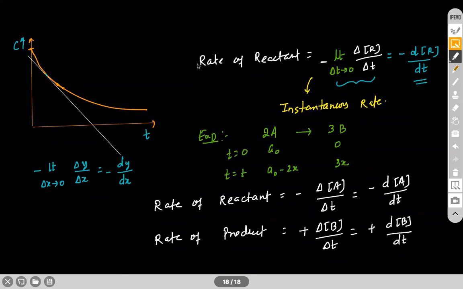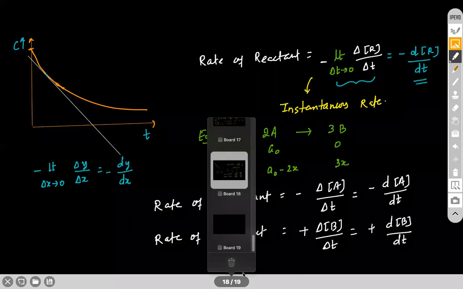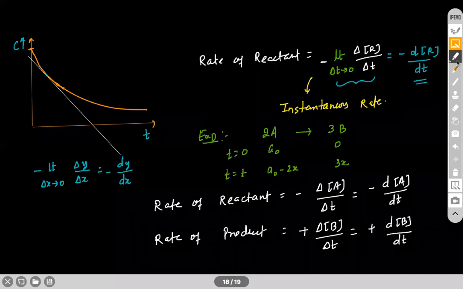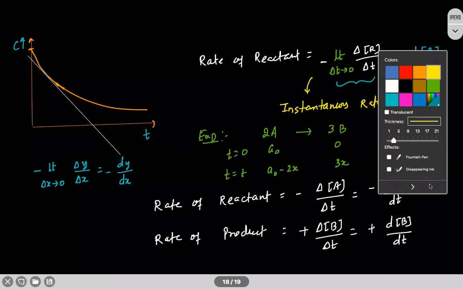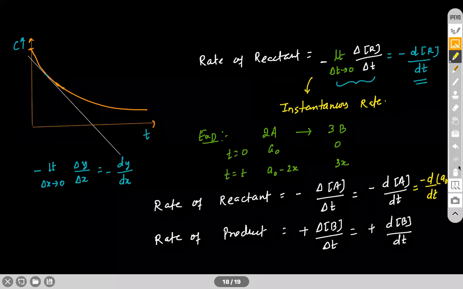Okay, so what we can say here, for the reactant, I'll write down one expression here.